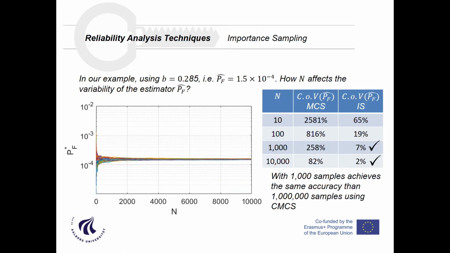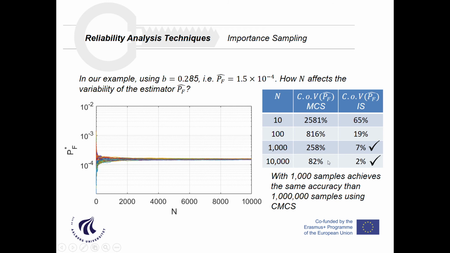So continuing with our example, using b equal to 0.285, we can see here in this table how the coefficient of variation of the estimator given by Monte Carlo simulation is much larger than the one given by importance sampling.